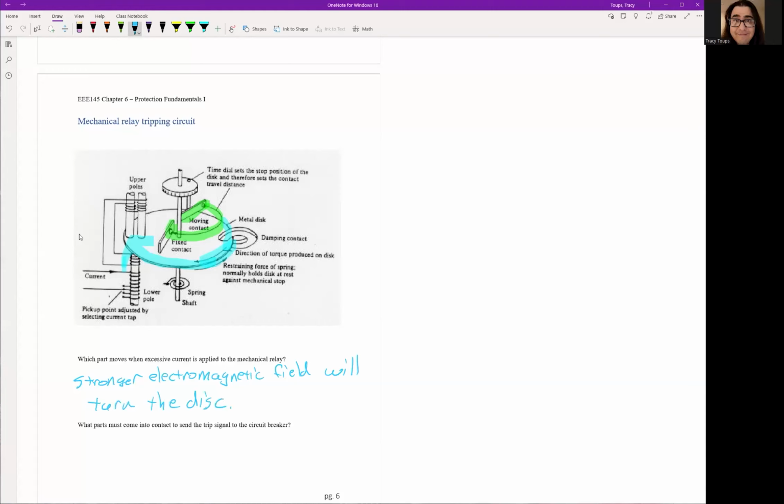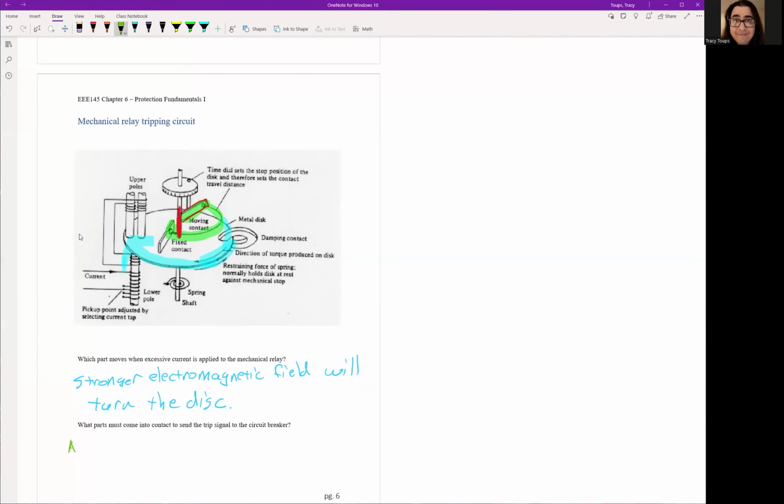So basically, you will physically see this disc start spinning. And while this disc spins, you have this moving contact right here. You guys can see that. This moving contact is all fixed to this rod, so this is all one moving part. They move together. The disc spins, that moves as well. They're all glued together.